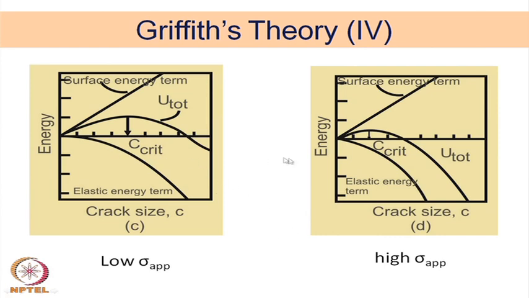These two curves are more or less the same, except that this is a low applied stress and this is a high applied stress. If the applied stress is high, then you will see the critical crack length is small. Okay. So, this is much smaller than this length.